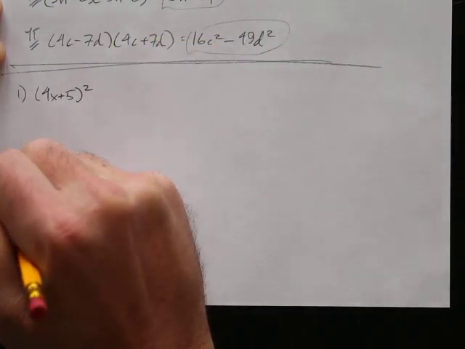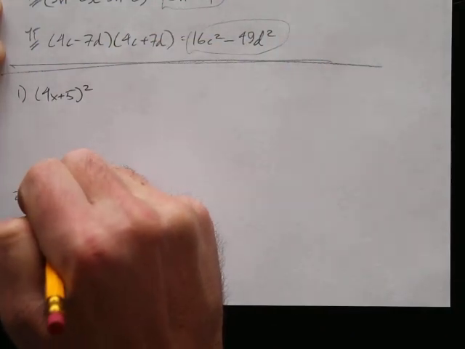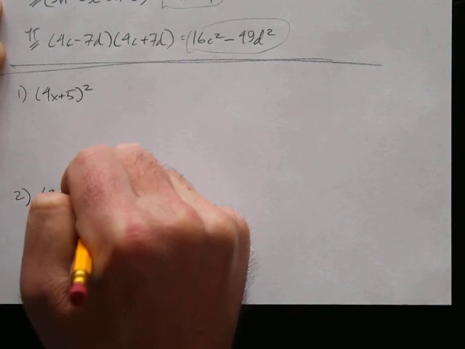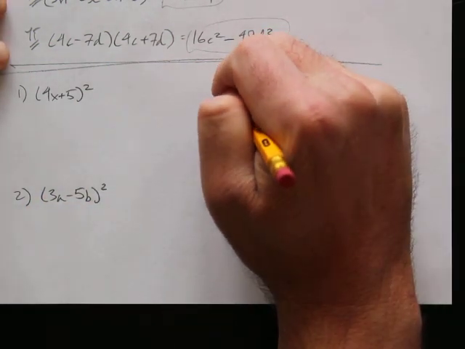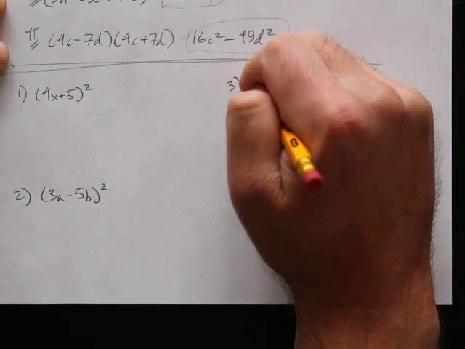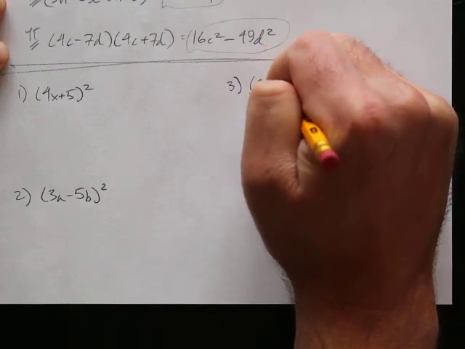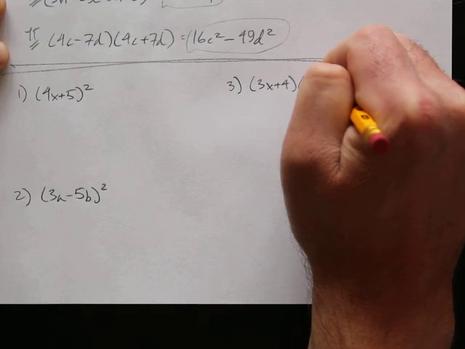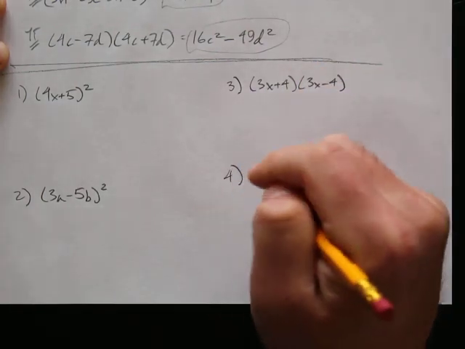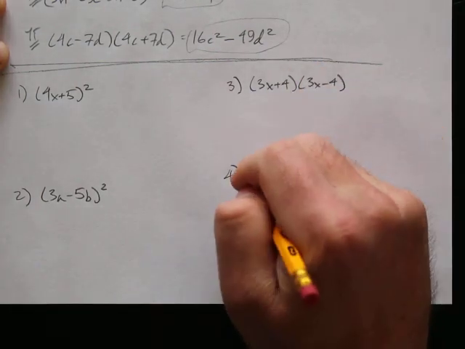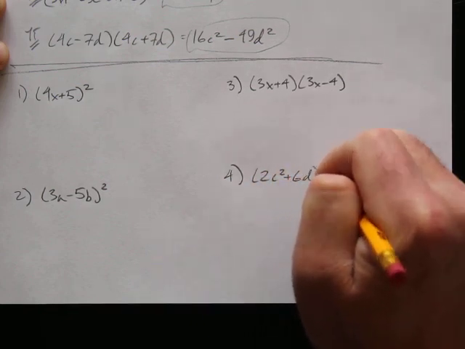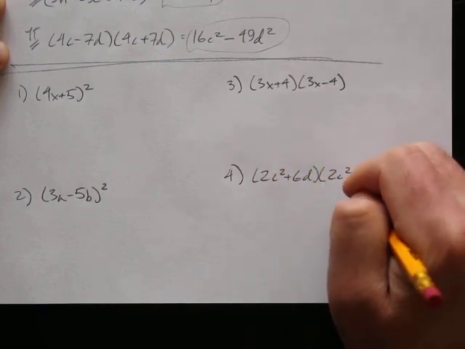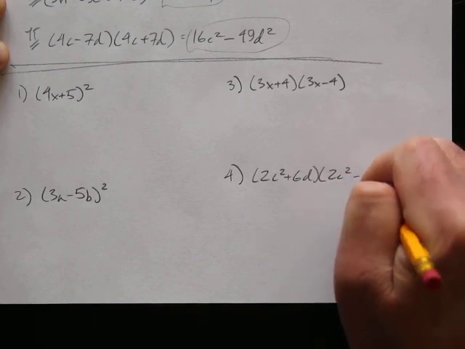This one, 3a minus 5b squared. And then this one, 3x plus 4 times 3x minus 4. One more. 2c squared plus 6d times 2c squared minus 6d.